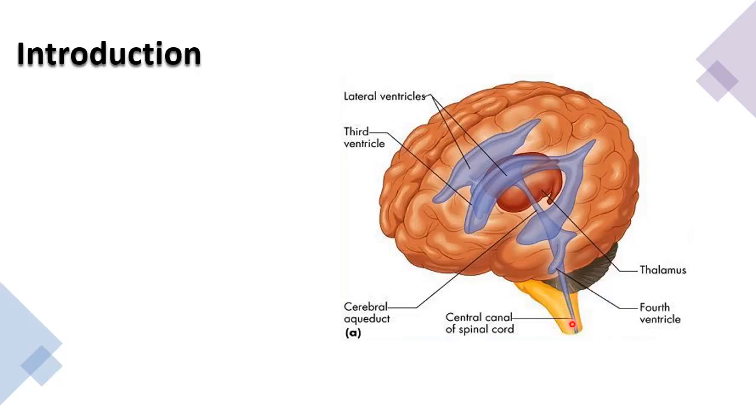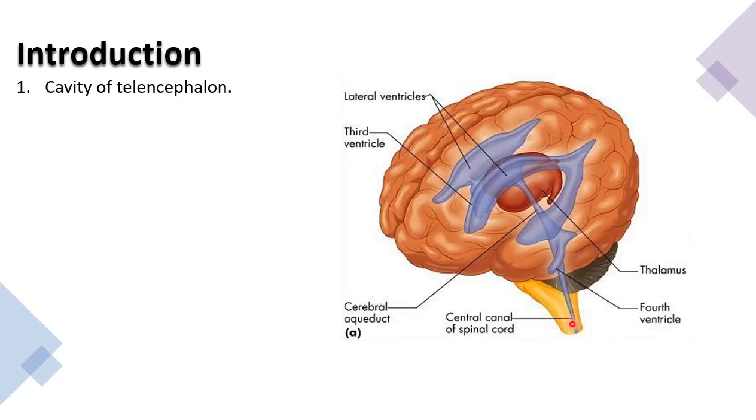The CSF is produced in these ventricles through the choroid plexus, because from the choroid plexus the CSF is filtered from the blood capillaries and secreted into these ventricles.